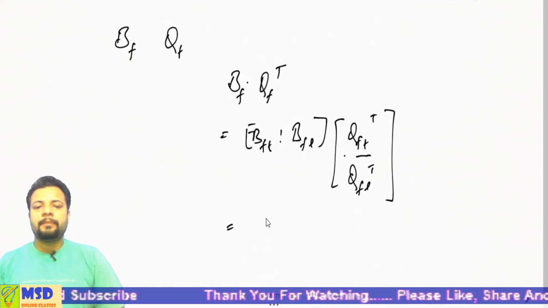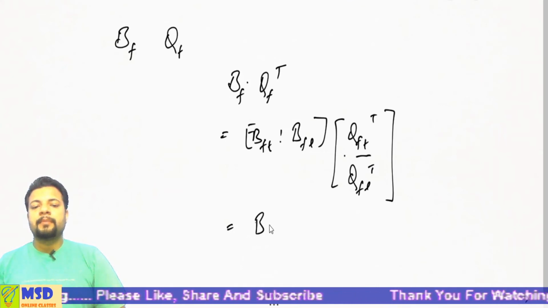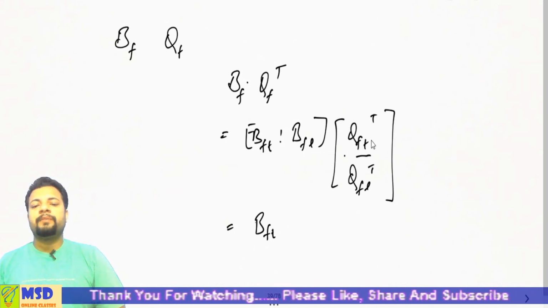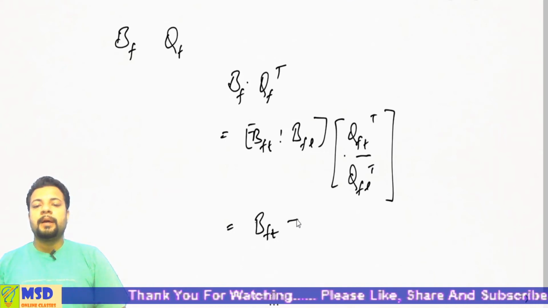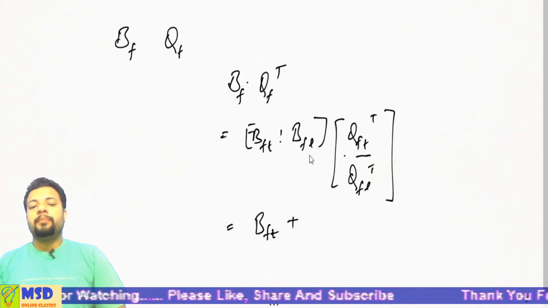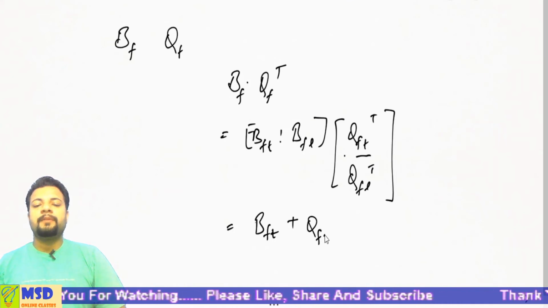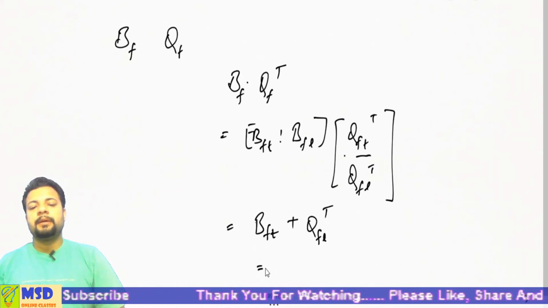Now if we multiply these two, we get BFT multiplied with QFT transpose, which is an identity matrix. Therefore I'm just writing BFT here, plus BFL, which is an identity matrix, multiplied with this, will give QFL transpose only. I hope I'm clear here.